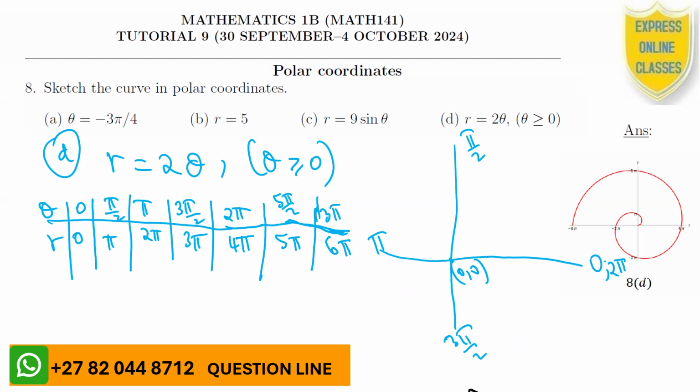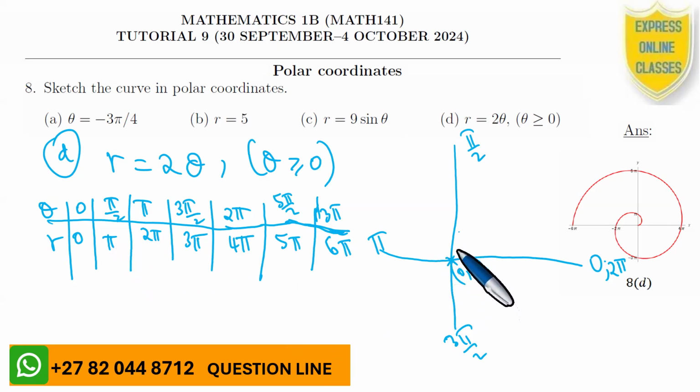Okay, now let us check. If the angle theta is pi over 2, and we wish to sketch these, at theta equals pi over 2, you have that r is pi.